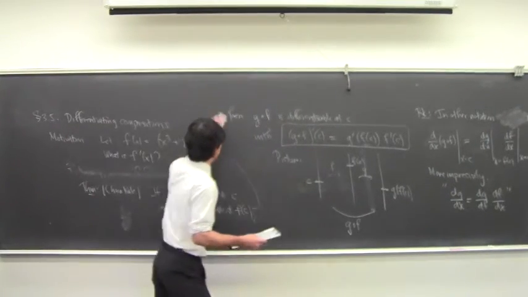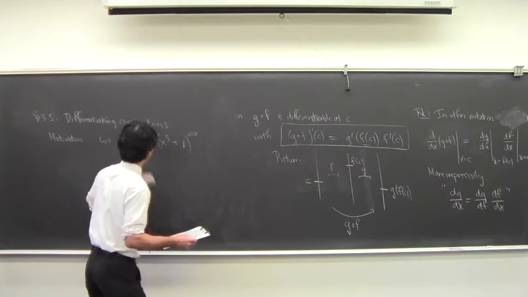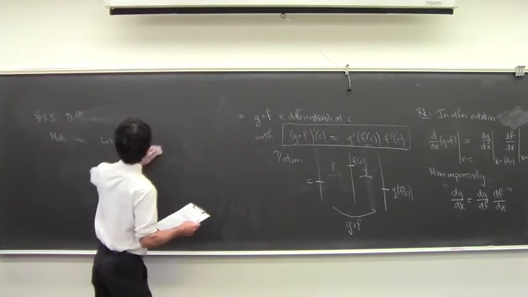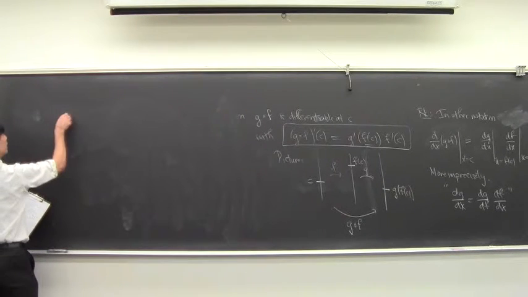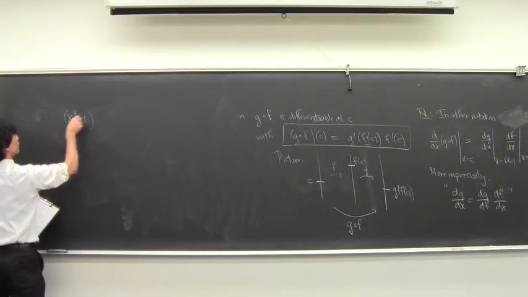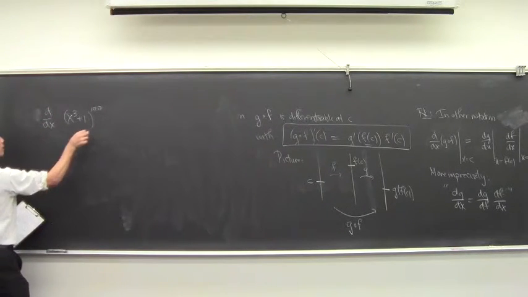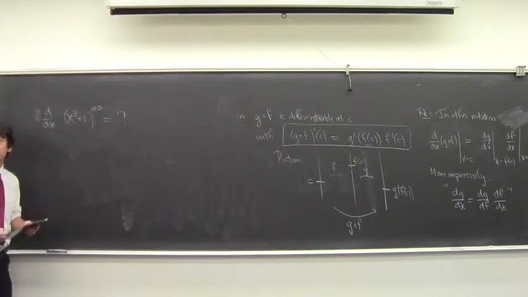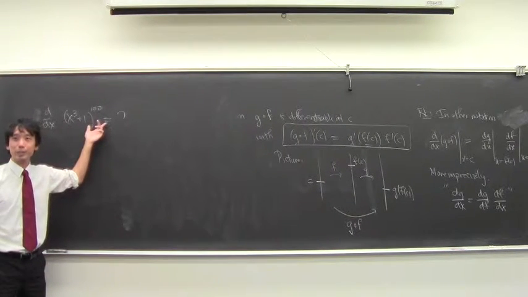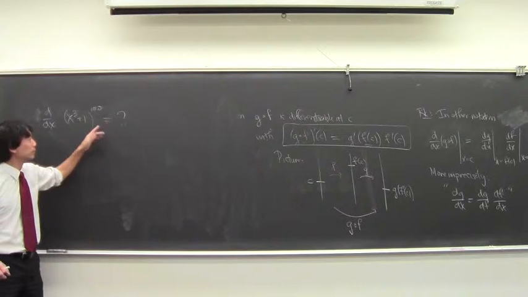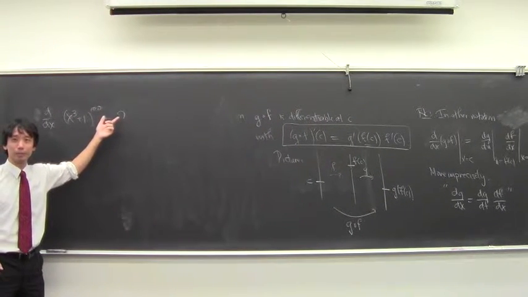Okay, so going back to the initial question, we have this function x cubed plus 1 to the 100, and we want to differentiate it. The thing is to recognize this as a composition of functions, so let's think of this as one function fed into another function.